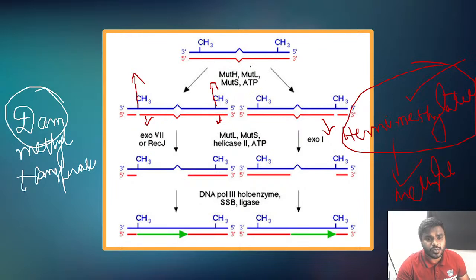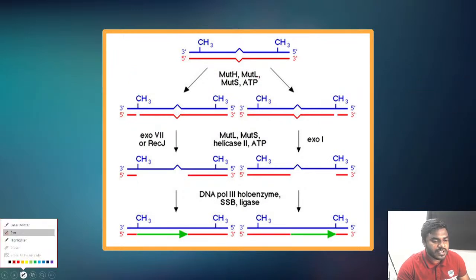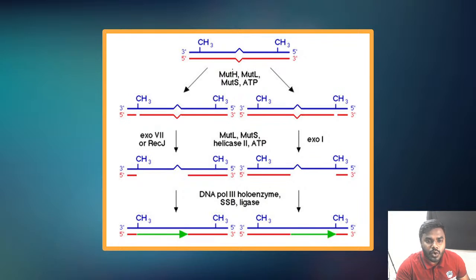Everyone, listen to me carefully. There are different types of repair mechanism enzymes in this particular mismatch repair. Among those, there are three major enzymes. Once you see the animation, it will be very clear. MutH, MutL, MutS.